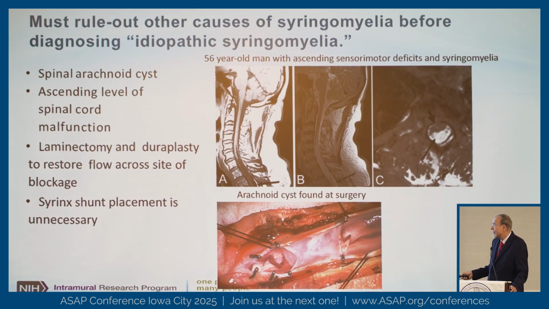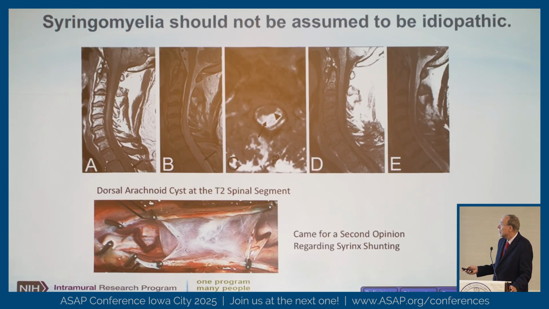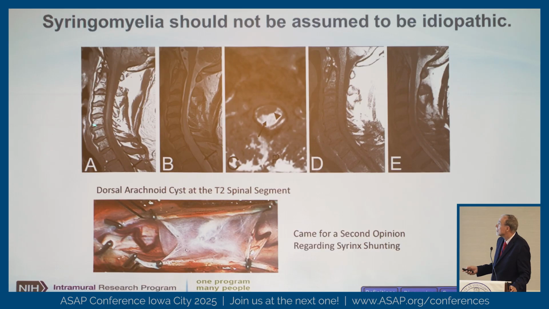So this is ideal, like a cyst, no scarring, it's just a mass. So you take the mass out, and the mass that was causing the syrinx will go away if you take it out, because the mass was causing compression of the spinal cord, a block in the spinal fluid, and the syrinx to form.